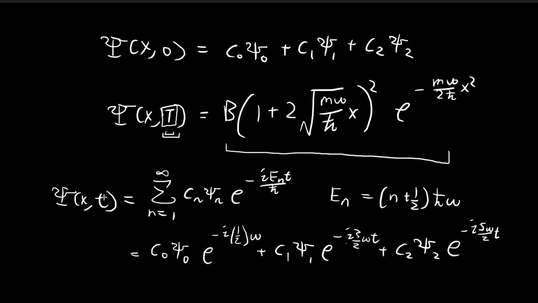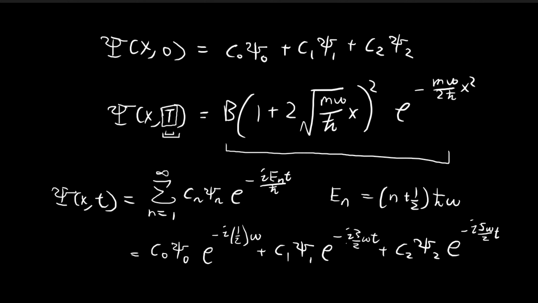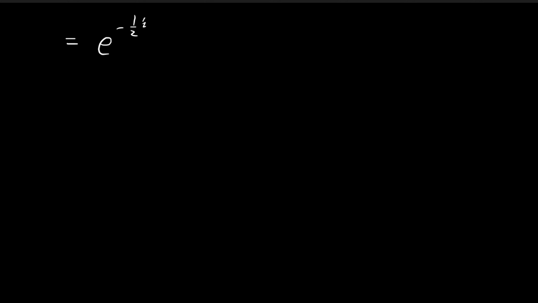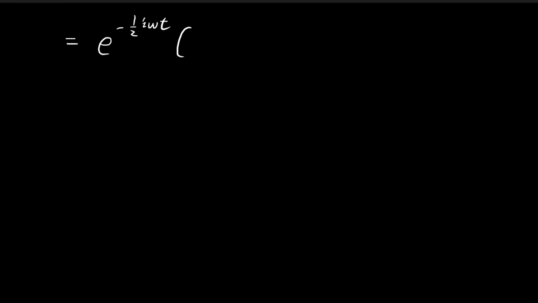So what we're going to do next is pull some terms out. So your wave function can be expressed in such a way. I'm going to pull out e to the power of negative 1/2 i omega t. It seems like I left out a t over here, sorry. So there should be a t. Once I pull this term out, inside the bracket I will have C0 times xi0.